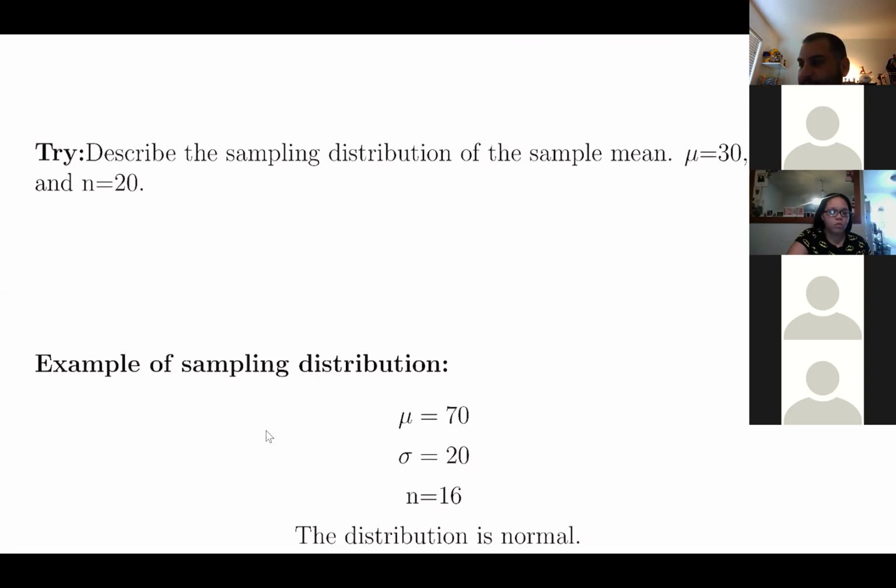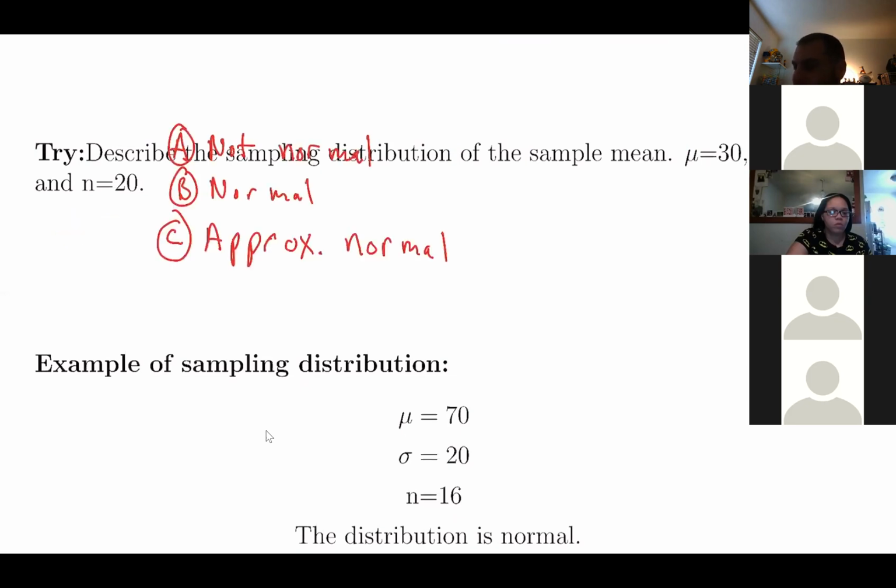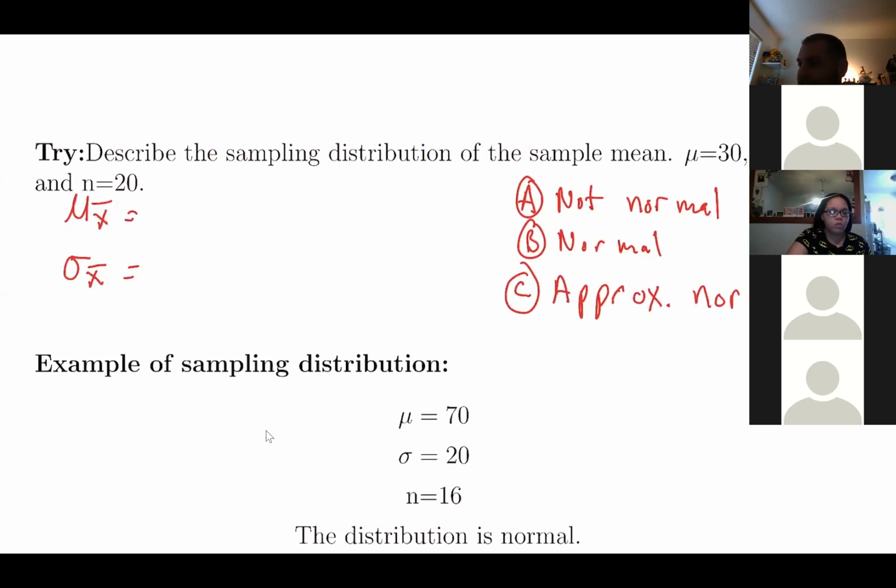In case you forgot, find mu of x bar, actually. So go ahead and find those 3 things.